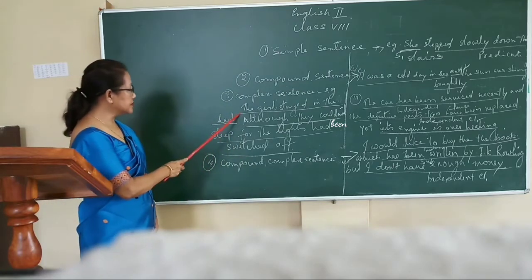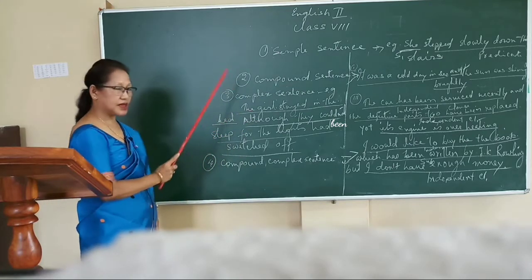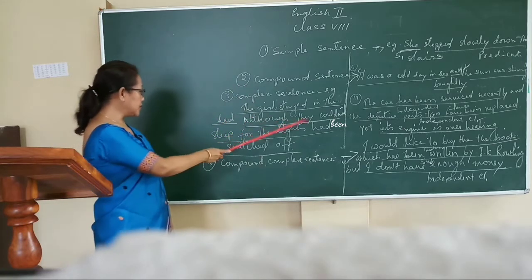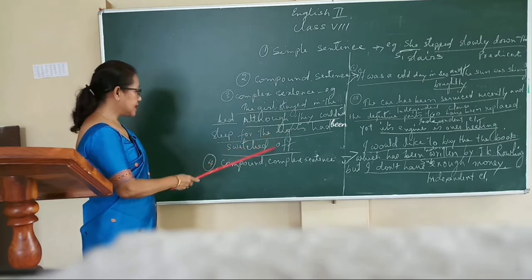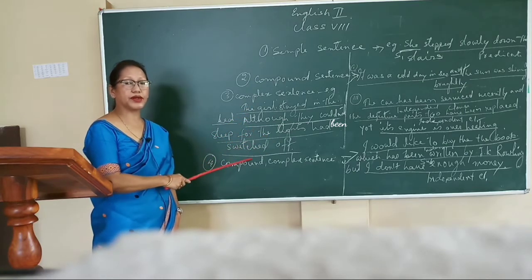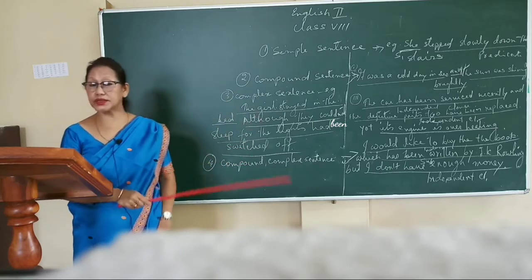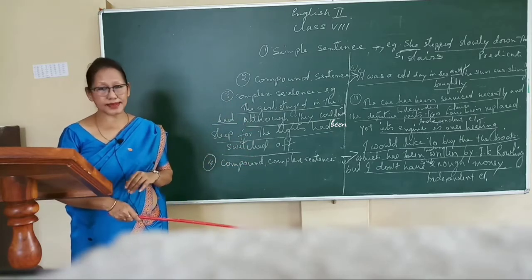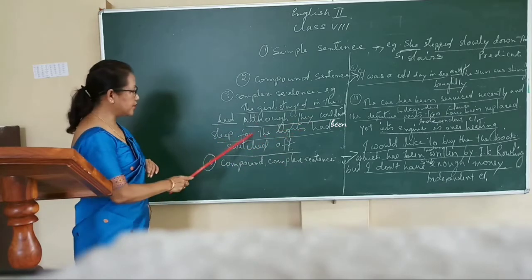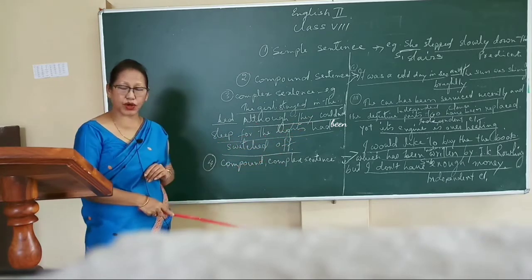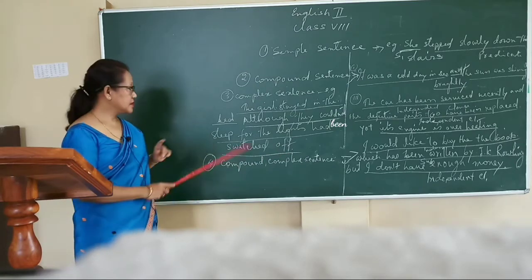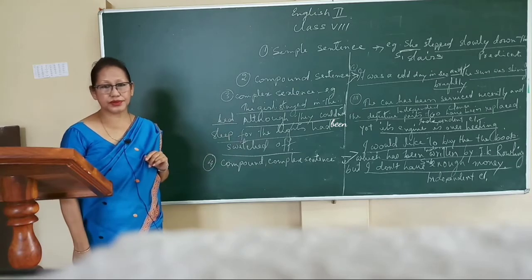If the independent clause is missing, this subordinate clause cannot make a complete sense. If I say only 'although she could not sleep for the light had been switched off', this sentence is incorrect because information is missing.